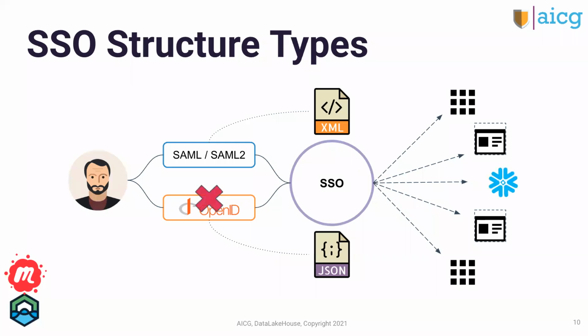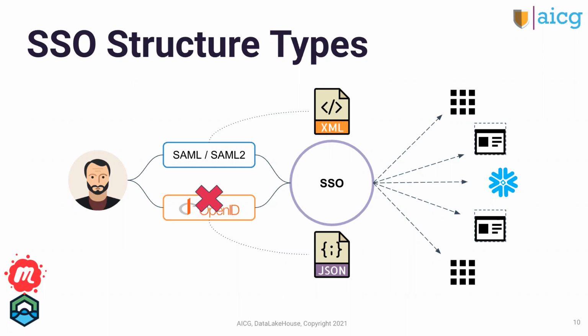We did mention Snowflake, and at least in our review and implementation of SSO with Snowflake, OpenID doesn't really seem to be one of the key protocols for Snowflake. When you read the documentation on federated security and SSO integration with some of the providers I mentioned before, you typically are going to see the SAML protocol, which is great.